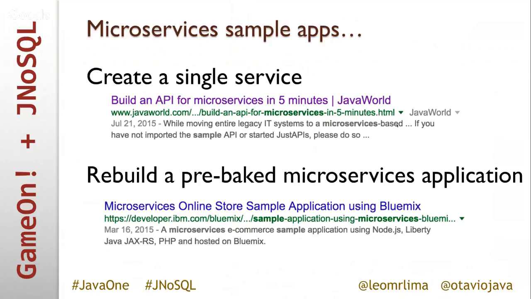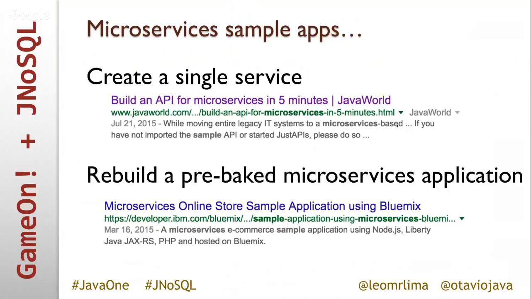If you're a newbie, you don't know what microservices are, or you just heard about them and didn't have a chance to test them out yet, you go online and search on Google for how to create a microservice. Everywhere you find either a single service, which is not the goal of microservices, because a single microservice doesn't do anything good by itself.